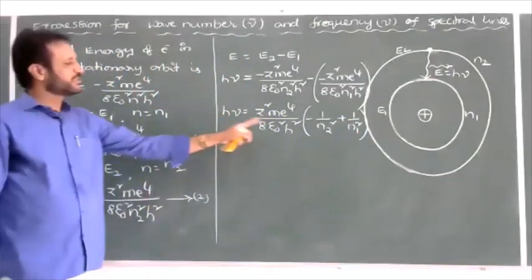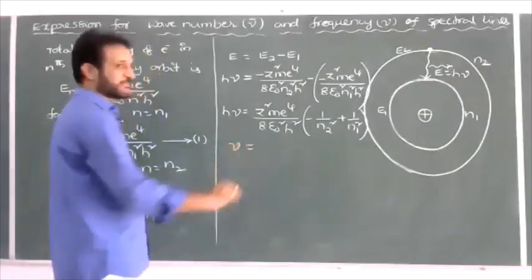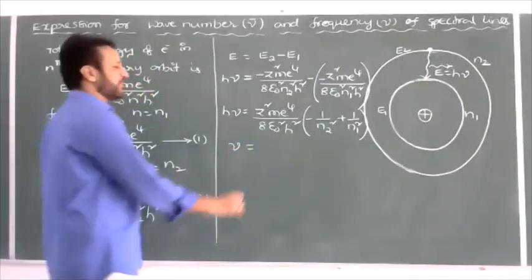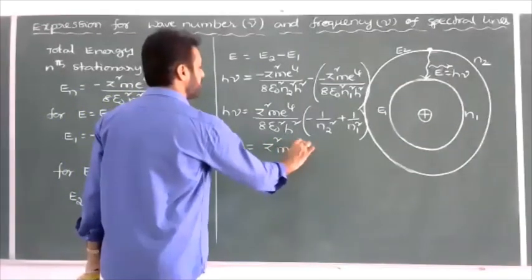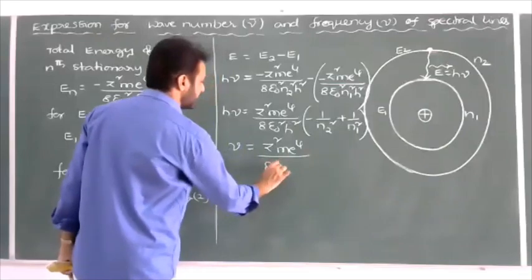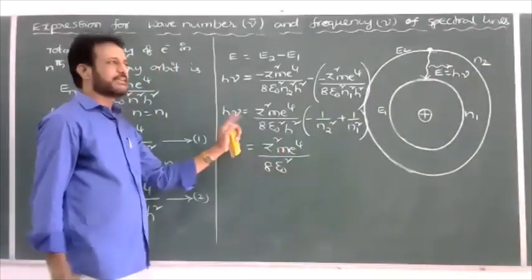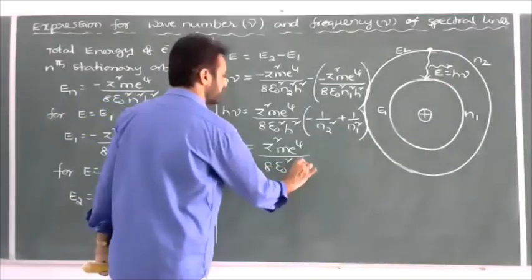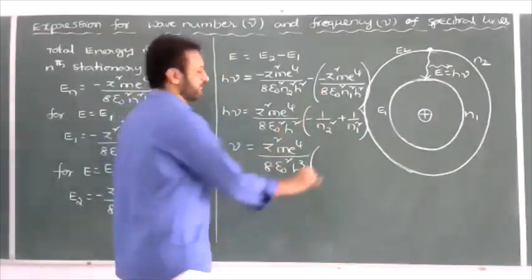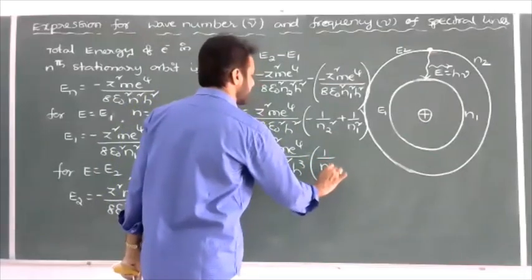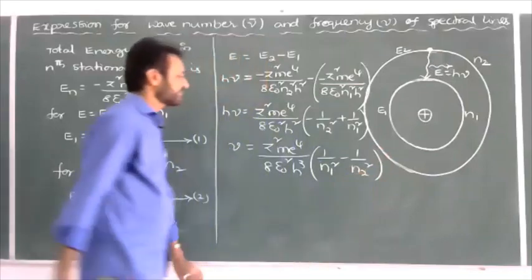If we take h also to the right side, nu, the frequency of the spectral line, is equal to Z square m e power 4 by 8 epsilon naught square into h cube, into, first I'll write a positive value, next I'll write the negative value. First I'm writing 1 by n1 square minus 1 by n2 square.